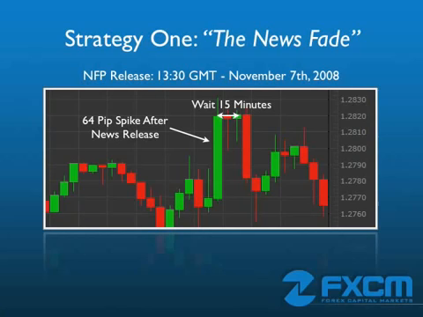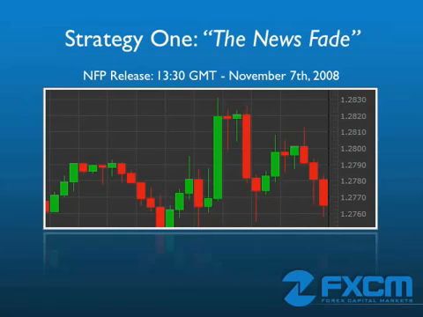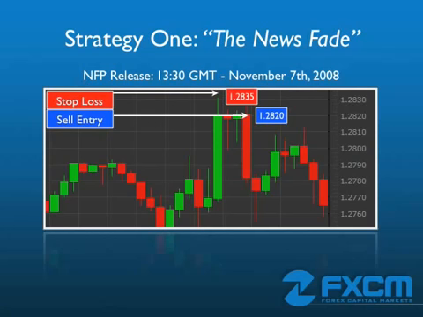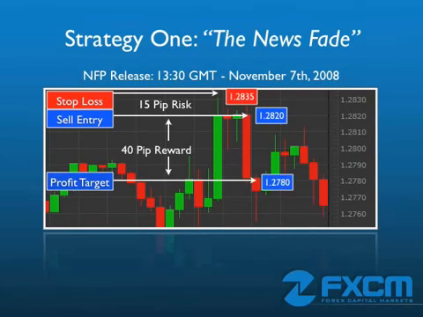If we had implemented our strategy by waiting 15 minutes and then selling here around a price of 1.2820, sure enough, the price reverted back to the mean, and we could have closed out our trade around 1.2780 for a profit of 40 pips. On this strategy, we probably would have set our stop just above this high, probably around 1.2835. So even if the price action continued in an upward direction, we would have been stopped out for a loss of only 15 pips.